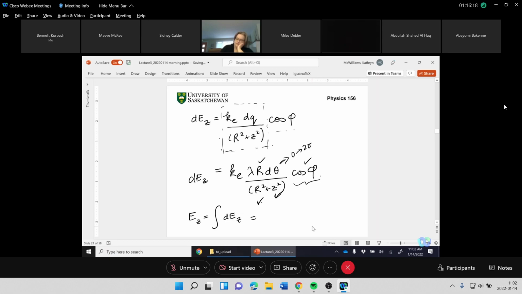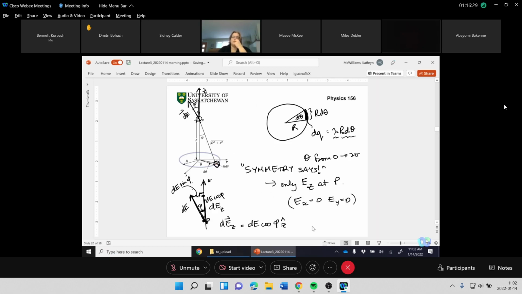I see a hand up. I just want to double check that I'm thinking about this right. In the last example, when you say dE, you're just looking at the small chunk of the electric field that's produced by that small chunk of the ring that we're looking at, right? Correct.